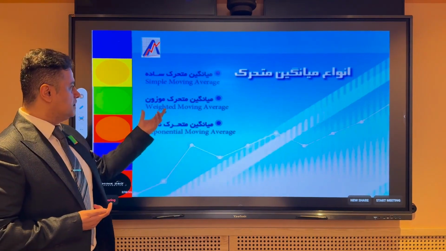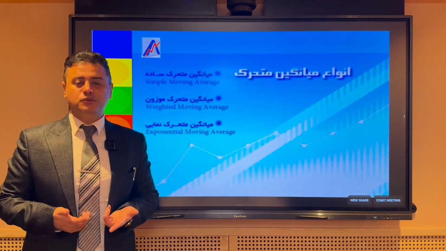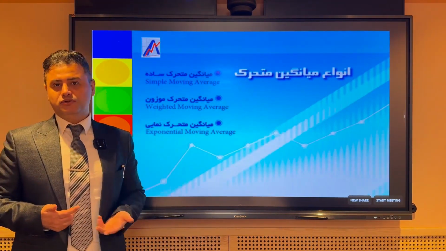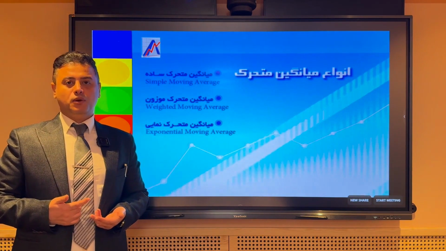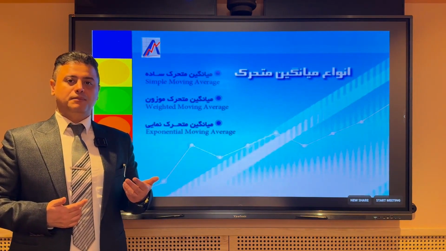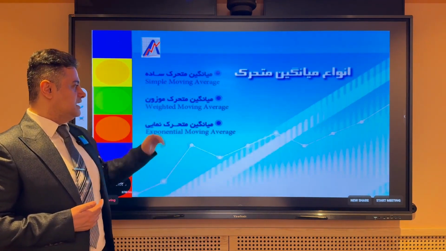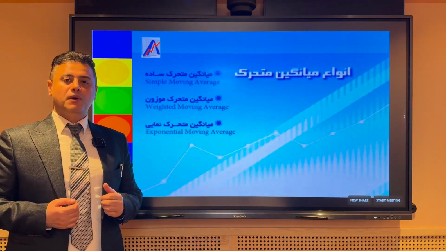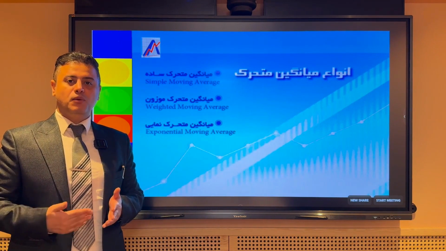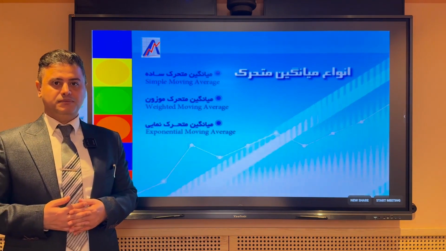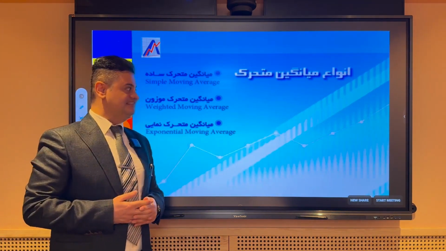Although weighted and simple moving averages also give you signals, the exponential moving average provides you with much, much stronger signals. So, in fact, if I want to implement moving averages on software, there is no need to use simple and weighted moving averages. I will only implement EMAs or exponential moving averages on the stock's price chart. Let's move on to the next slide.